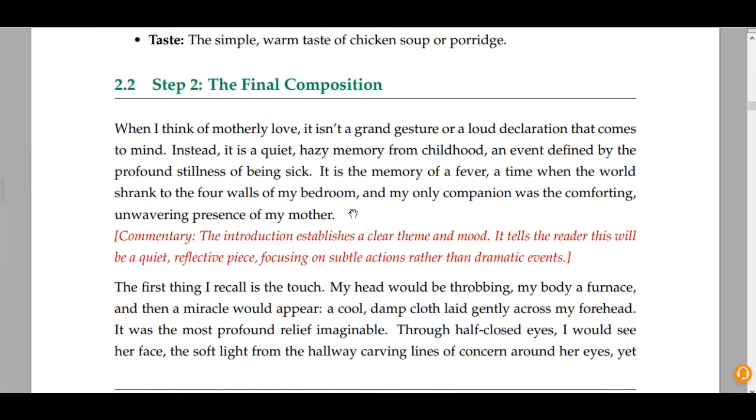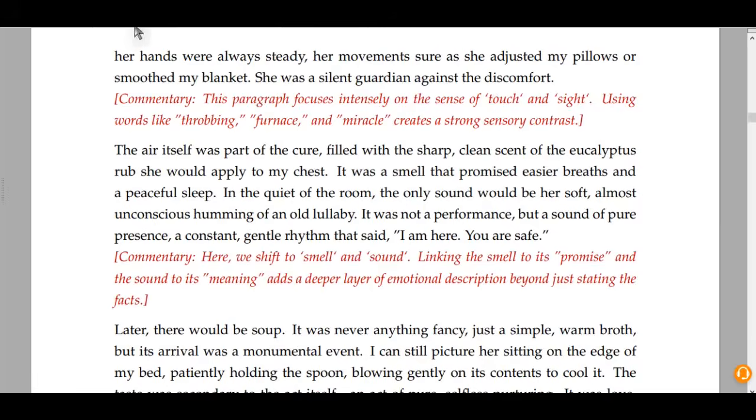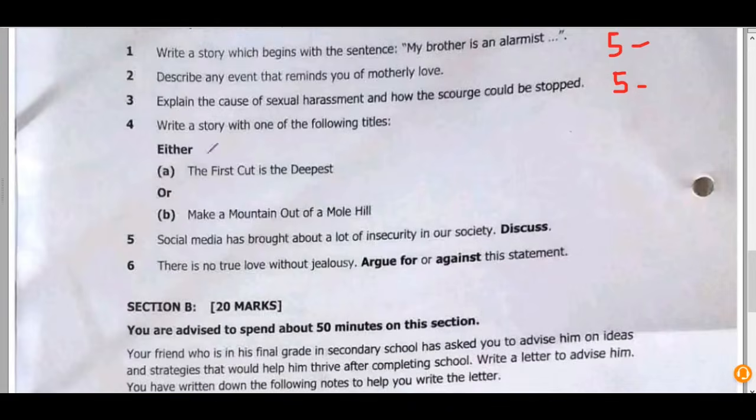So you go down to books, English, and then you go to past papers or books. Again, you find the English folder, go to it, you find these two answers. This is section A as well as section B. You do the same with 4, which is also a storytelling, as well as with 4B, which is also storytelling.